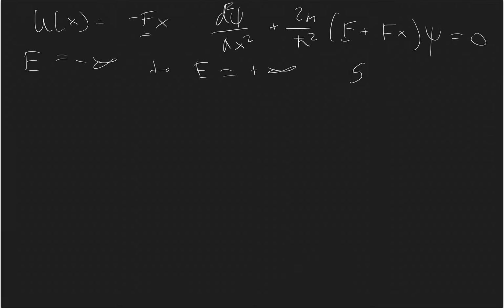And so by making the substitution, let's call this z, and let's say this is x plus E over F, times (2mF divided by h bar squared) to the 1/3, okay?